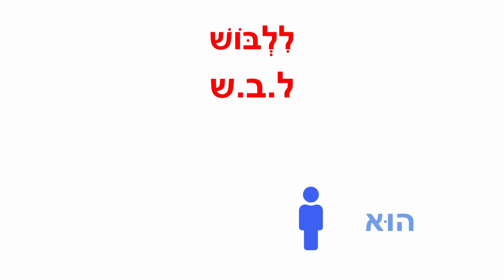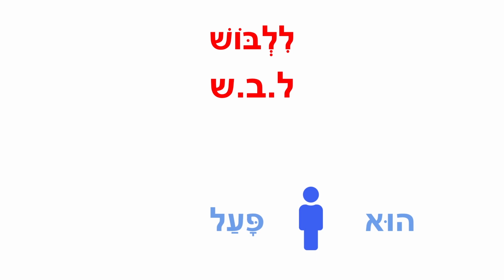Let's see another example, the verb lilbosh. Lilbosh contains the root letters lamed, bet, shin. We are always starting with third person singular masculine in order to find the reference point, the pronoun hu. And we know that pronoun always follows the sound of the binyan, which is pa'al.